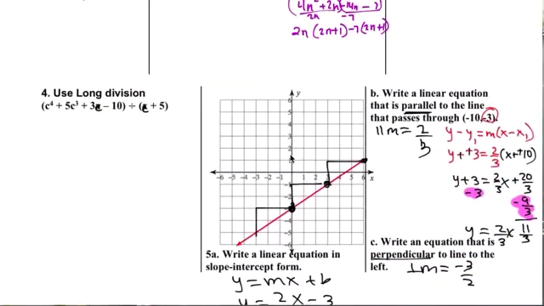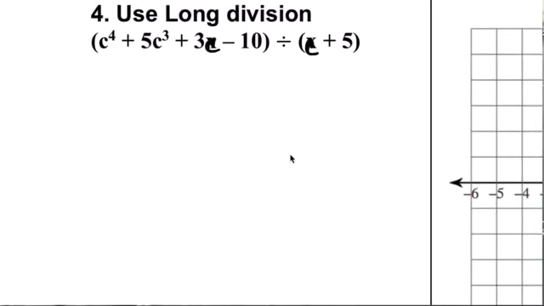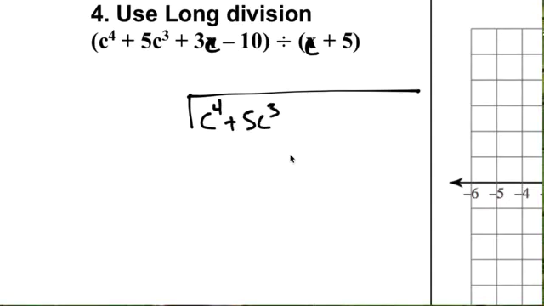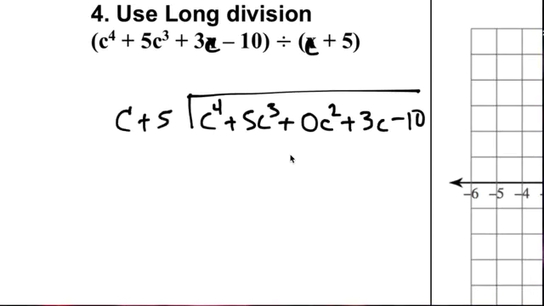Okay, and long division. You guys need to practice this one. Hopefully you practice correctly. 4c to the fourth plus 5c to the third plus 0c squared plus 3c minus 10. Divided all by c plus 5.